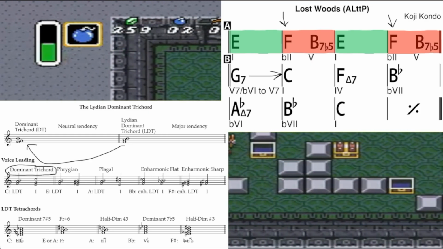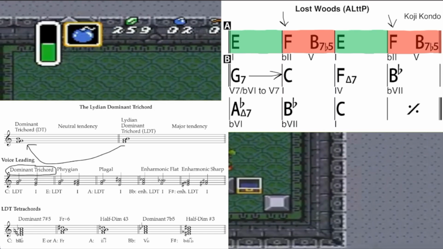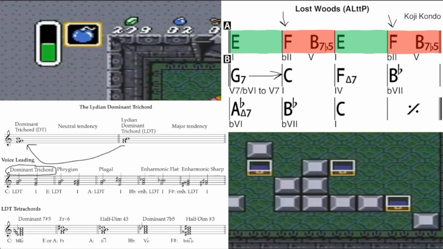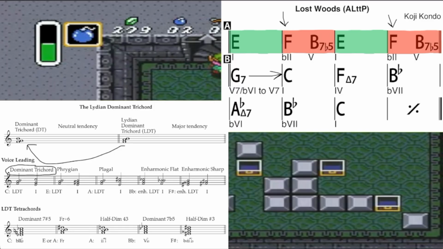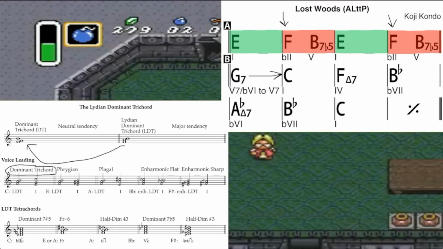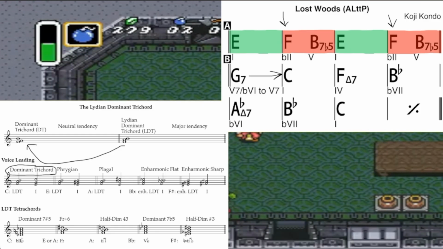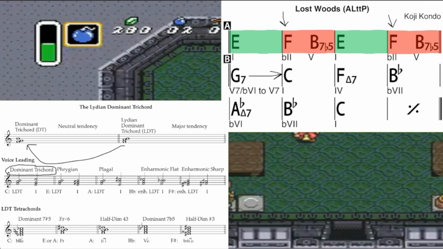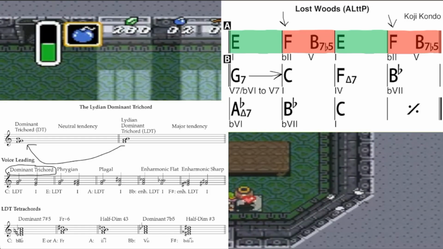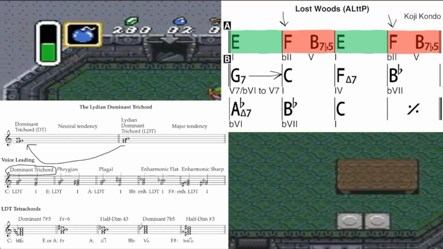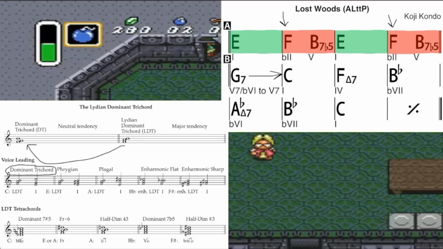By turning the Lydian dominant trichord into a dominant trichord and putting the G in the bass, it creates a dominant seventh chord. And it's a dominant seventh chord of C. It's a G dominant 7, which then wants to resolve to C.